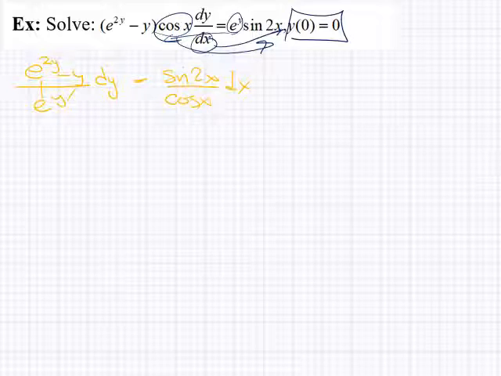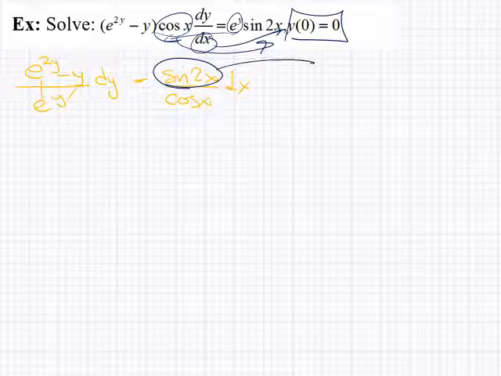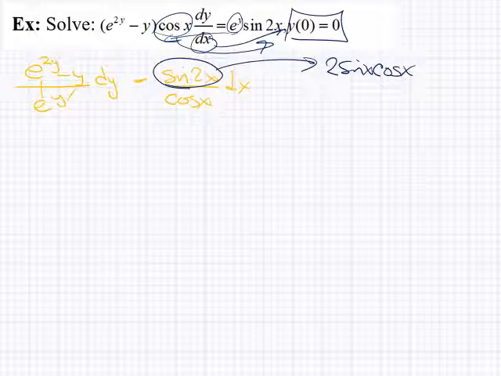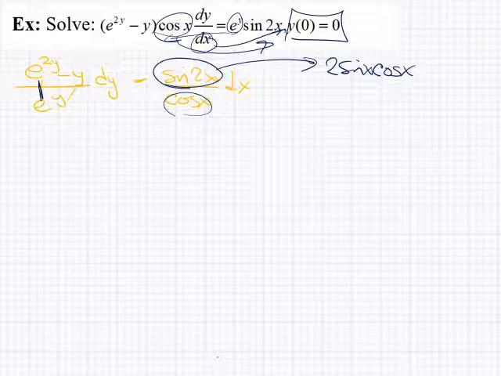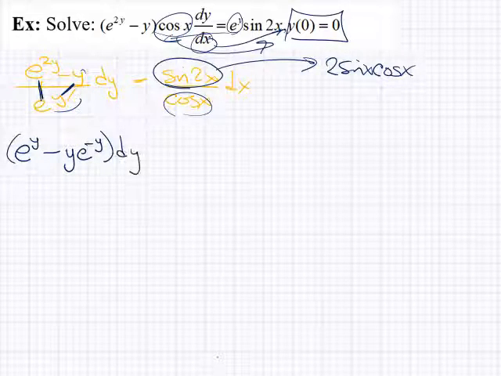This I'm going to use an identity. Sine 2x is a double angle, and that's 2 sine x cosine x. That's a double angle identity, which will allow me to cancel this cosine x down here. So ultimately, dividing these two gives me just e to the y, minus y e to the negative y, dy, equals, with this identity substitution, the cosines cancel, I really just get 2 sine x dx on that side.